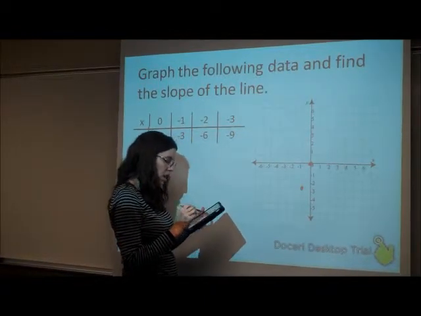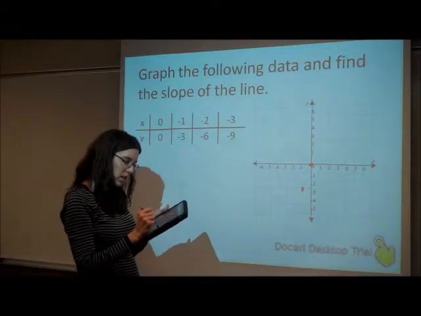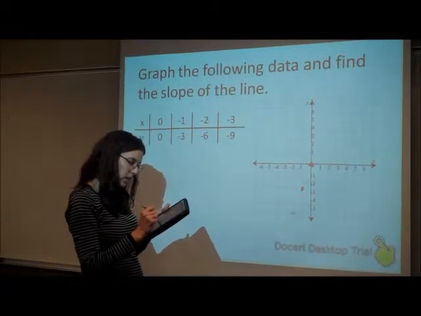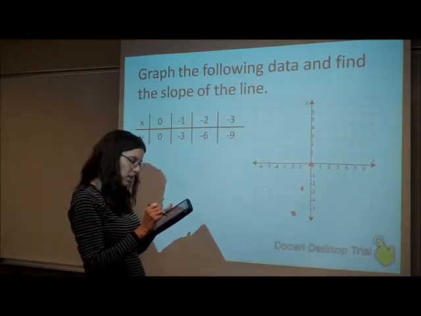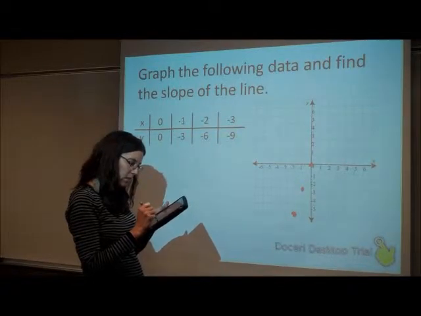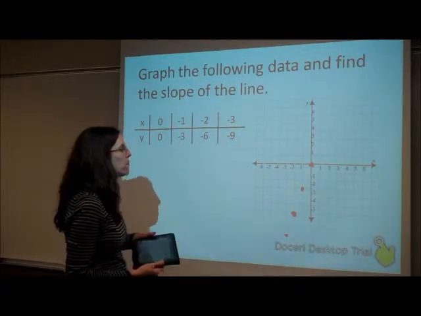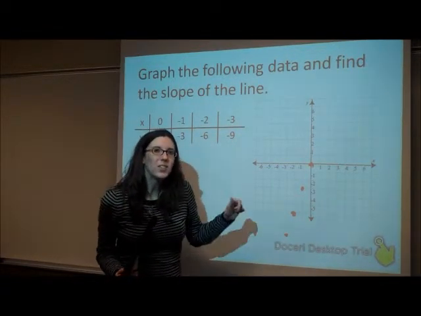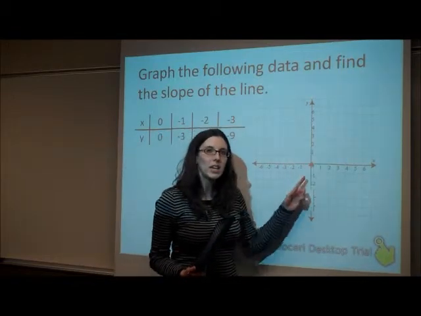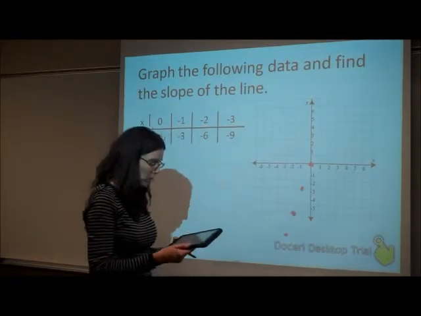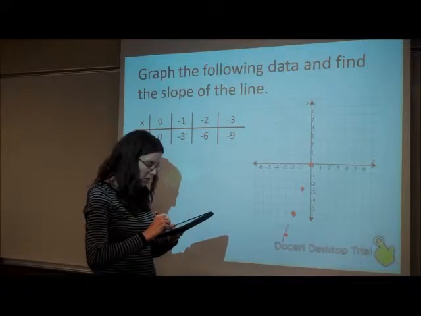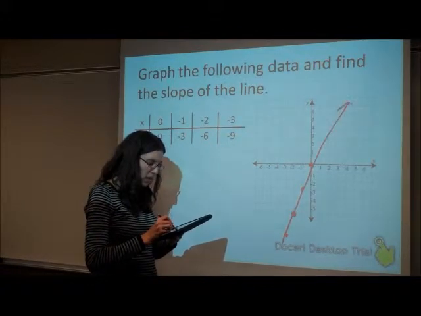Whoops. -2, -6 is going to be down here. And then -3, -9, I'm off the chart. It's about down here. I can make the dot. Okay. For these, if your points don't make a line, then you did something wrong. Okay? So we graphed our points, we'll connect them with a line.